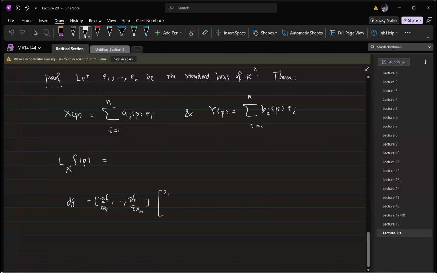That column vector is a_1p up to a_np, because you wrote this vector in coordinates. When you multiply, you get sigma a_ip df/dx_i. So I'm doing calculus again, right?